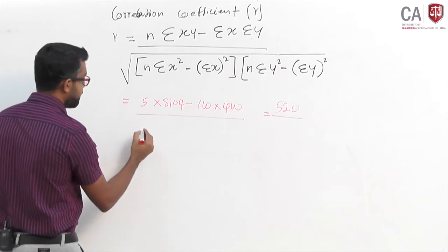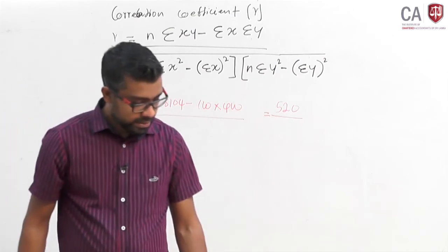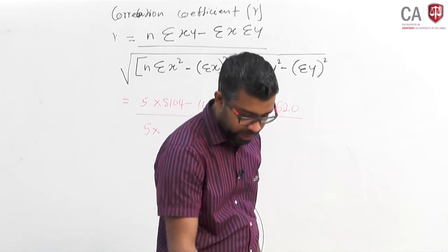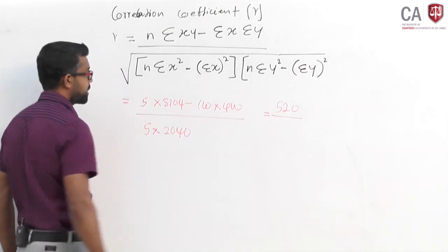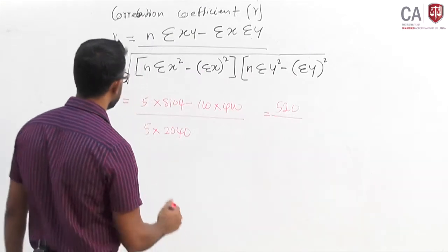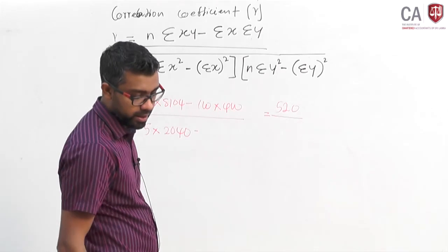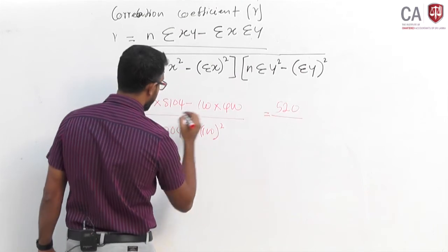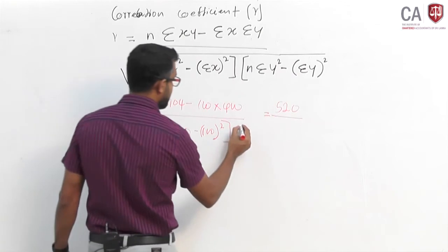For n, be careful, put 5. Sum of x squared, how much? 2040. This is the equation to put in, right, minus sum of x, which is 100, the square of 100, close bracket. This part is finished. Multiply.